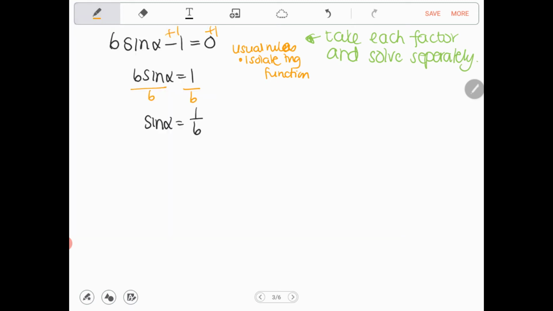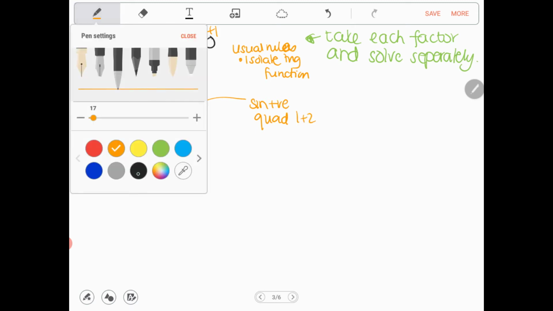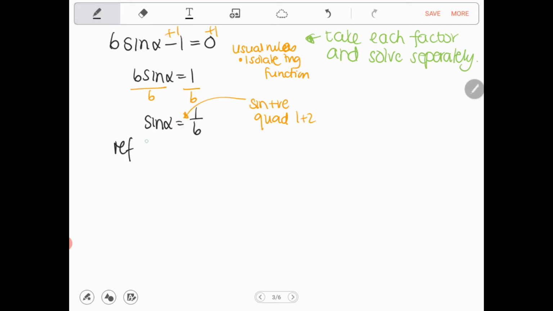All right, again, sine is positive in quadrants 1 and 2. And then we find our reference angle. So it's going to be shift sine 1 over 6. Okay, so let's do that. Shift sine.